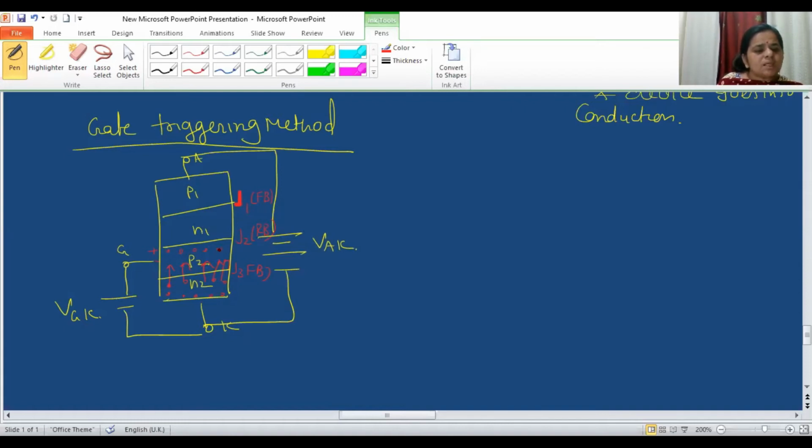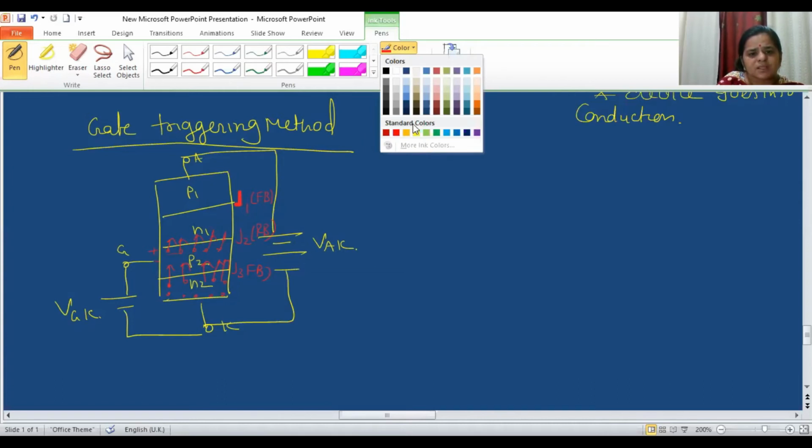So suddenly the number of electrons in the P2 layer increases, they accumulate near junction J2 and break this junction, and this is how the device goes into conduction mode. This is the gate triggering method.